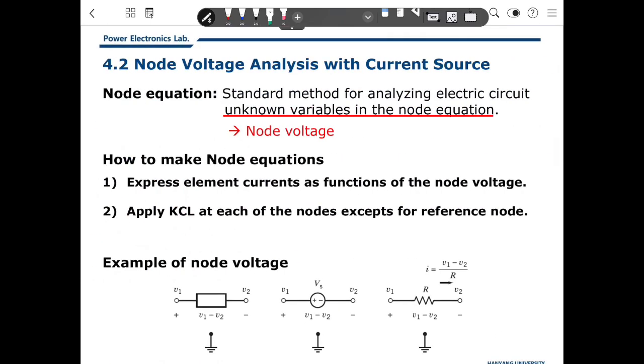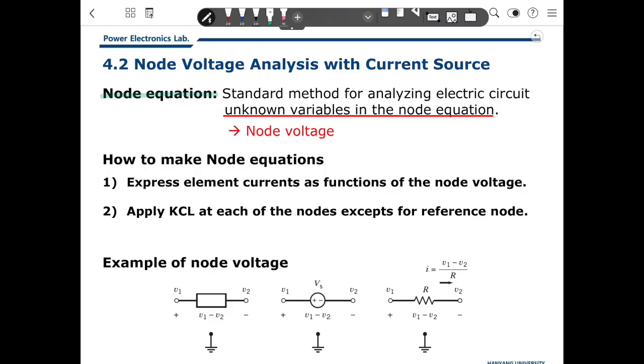Then I will introduce the node equation. I told you that the node equation is based on the KCL.